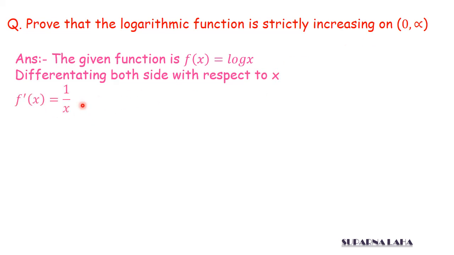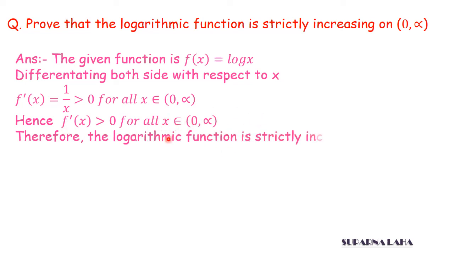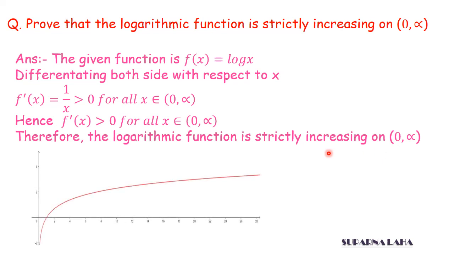Now for any positive value of x, this is greater than 0. So in this interval 0 to infinity, f dash x is always greater than 0. So from here we can show that the derivative of this function is greater than 0 for this interval. So it is strictly increasing, since it is following the definition of a strictly increasing function. If we check the graph, from 0 to infinity the graph is always increasing.